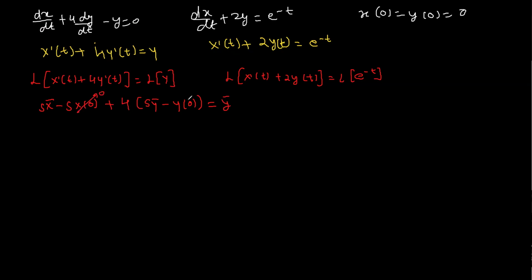So this is 0 and this is 0. Understood? Okay. This is your first equation.